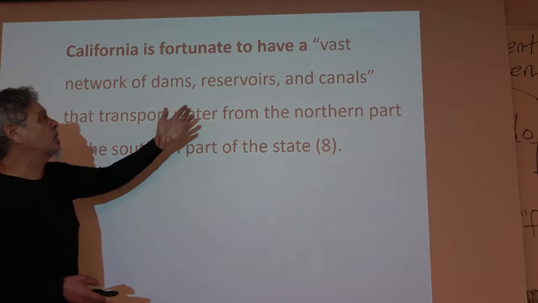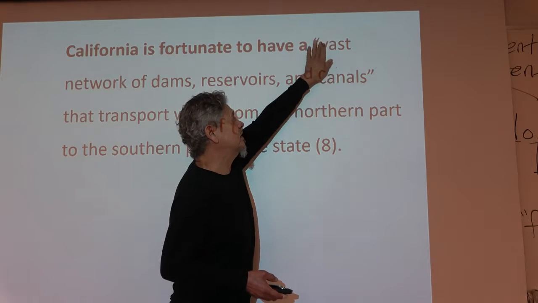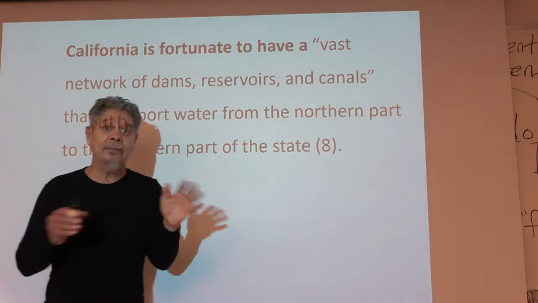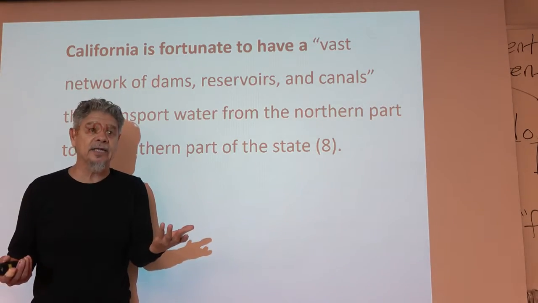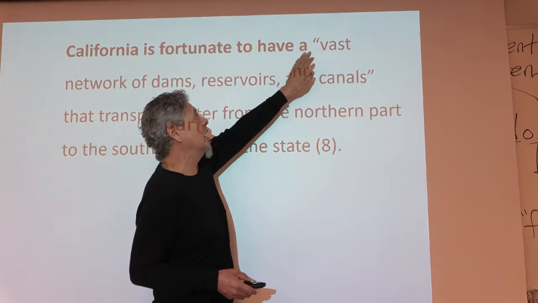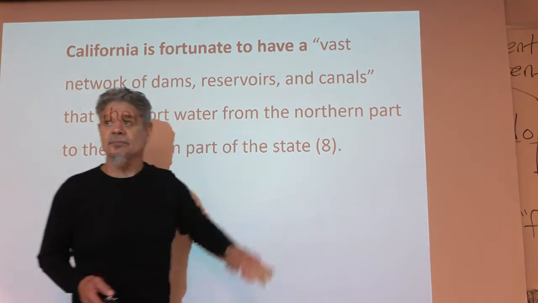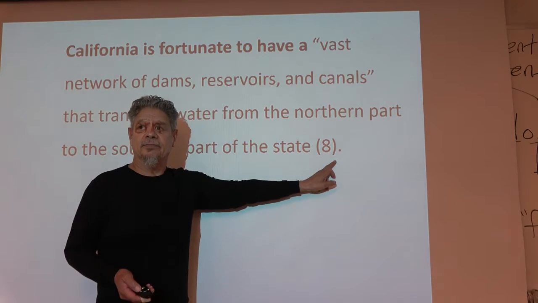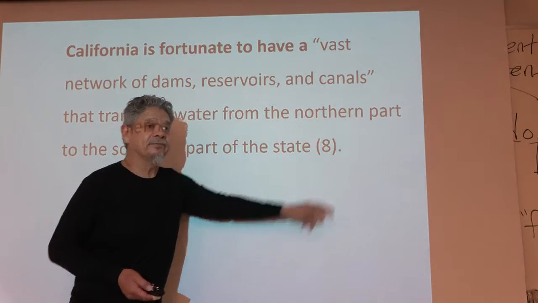Okay? So I have this as part of the sentence. No capital. I didn't start at the beginning, so there's no capital and no comma. No comma. Okay? So that's my first example. It comes from page 8. The period goes after. Very good.